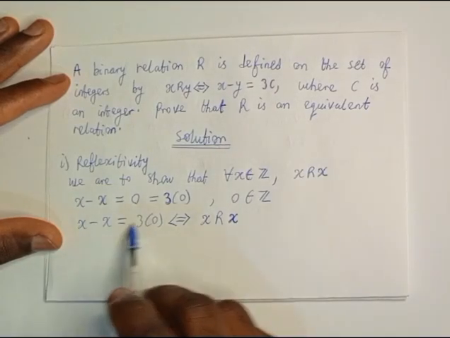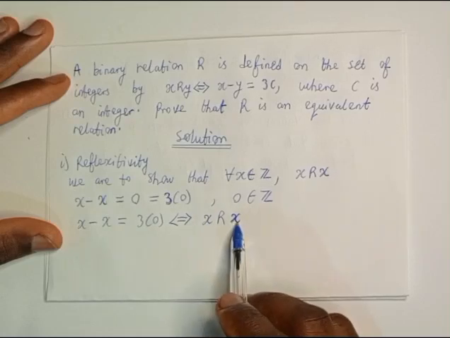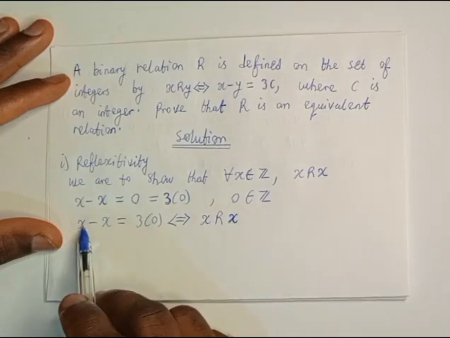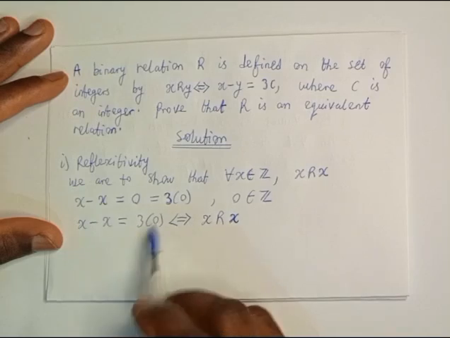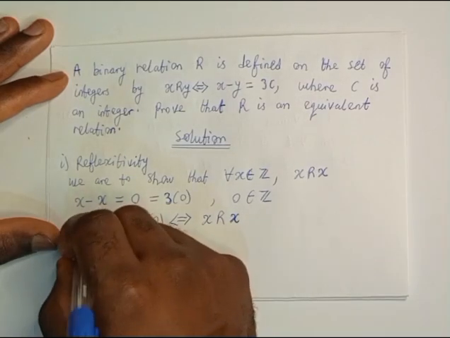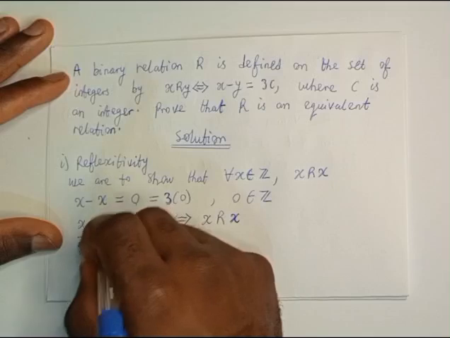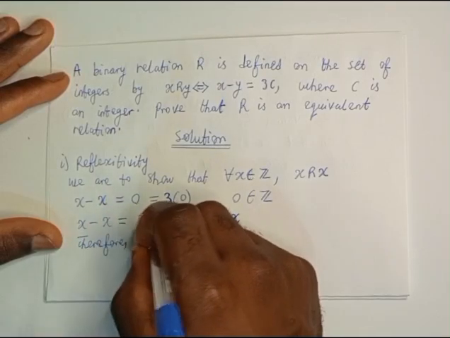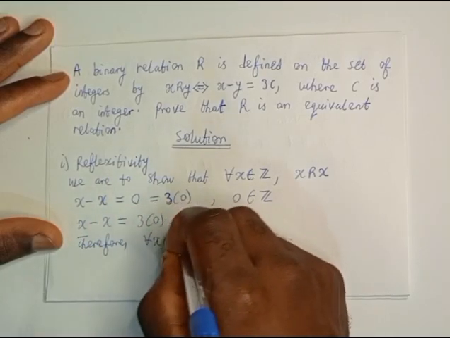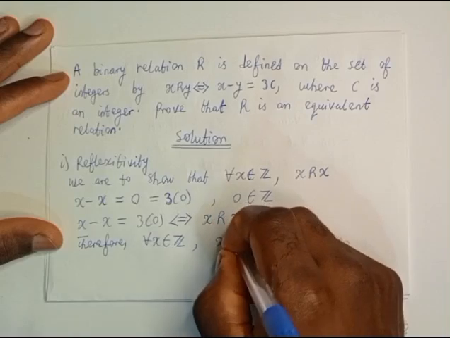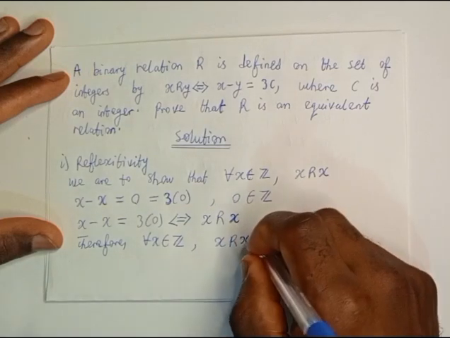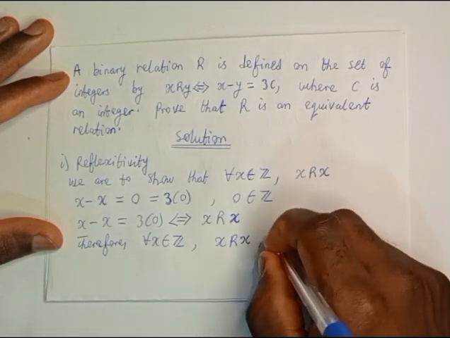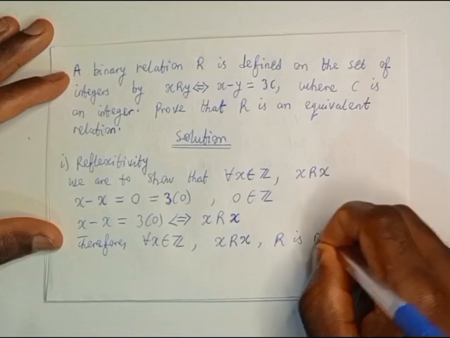It simply means x is related to x because we can express x minus x as a product of 3 times an integer. Then we conclude, therefore, for every x we take from the set, x is related to x. This is reflexive. R is reflexive.